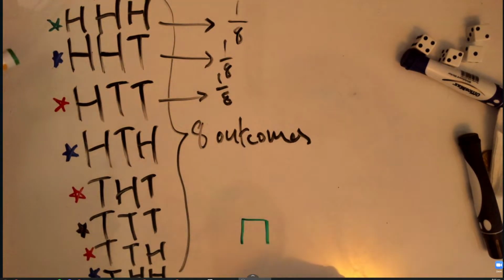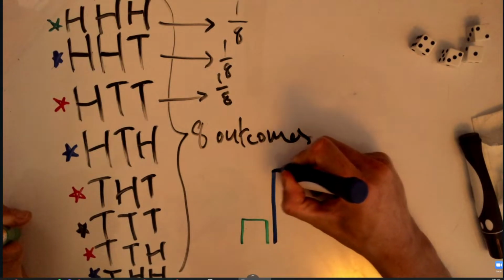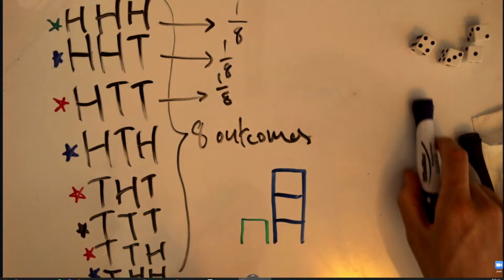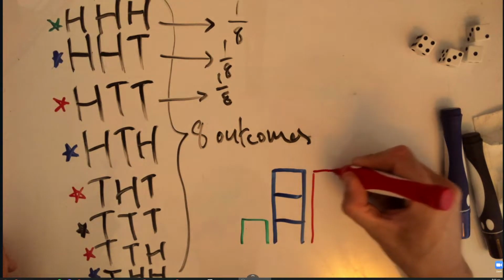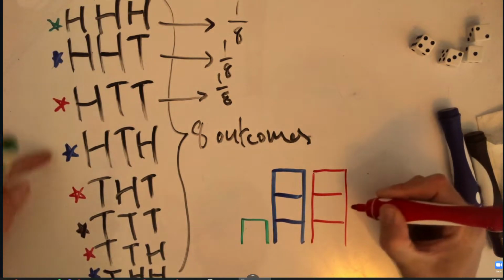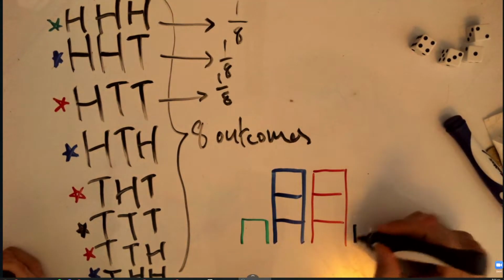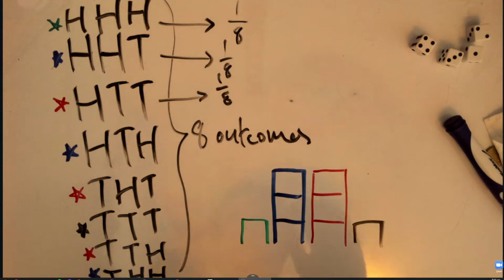Our next one is if you get 2 heads, which happens 3 times. Then we get 2 tails, 1 head, which happens 3 times. We've got 3 red stars over here. And finally, the triple tails, which happens once. So this is how we're building up a distribution.